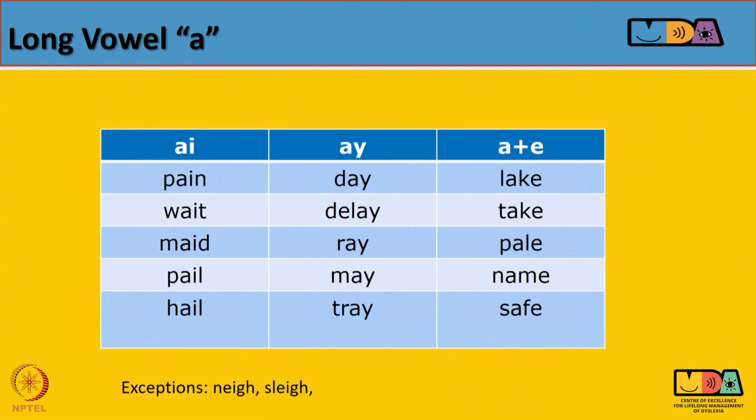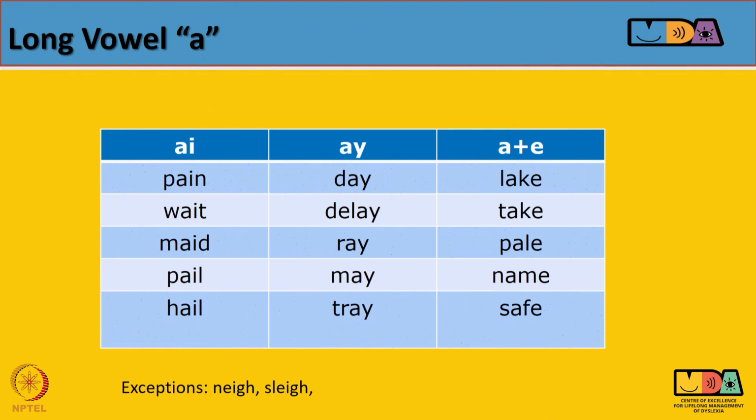Now, this A plus E, the plus indicates a consonant that is coming in between the two vowels. Now, AI, I said, comes in the middle of a word. For instance, rain, pain, gain, made, pale. If you notice, A and I are written together, but the vowel sound that you can hear is A. So, it is a long vowel sound.